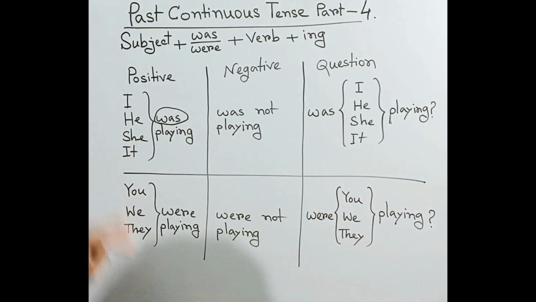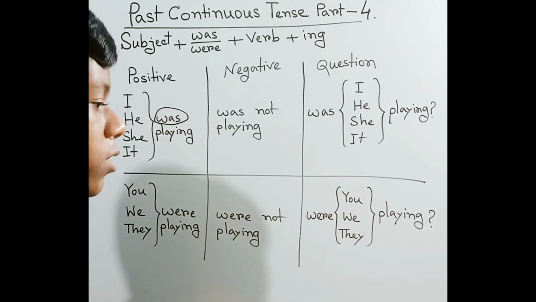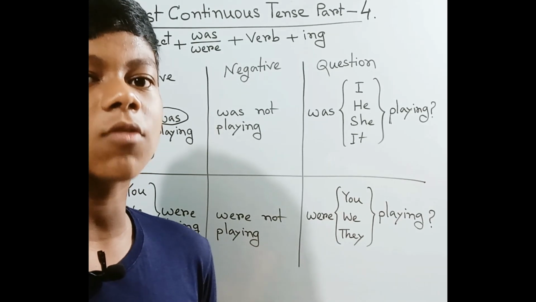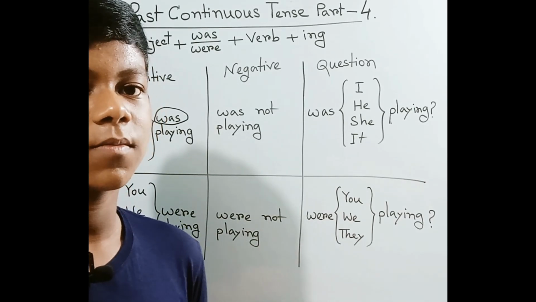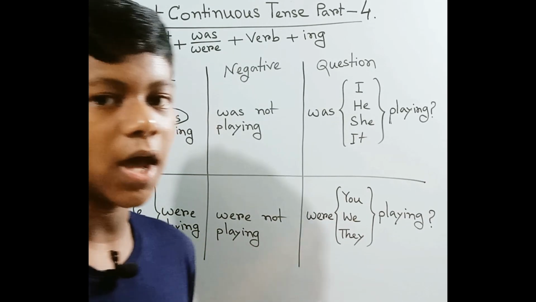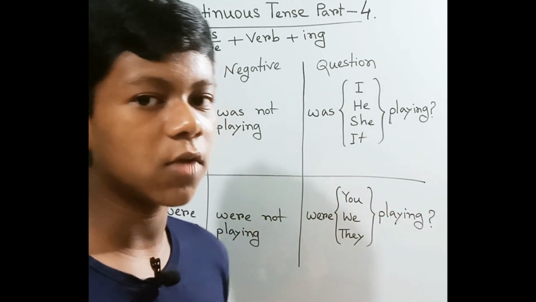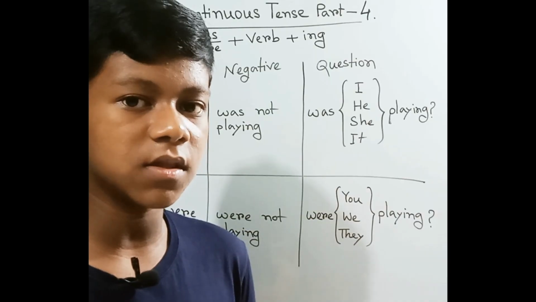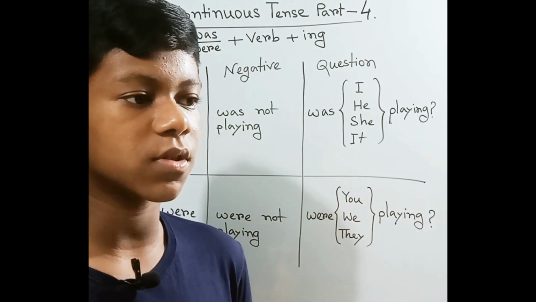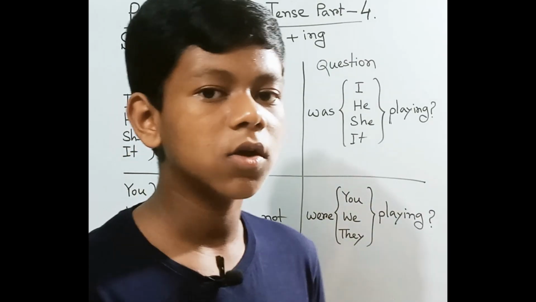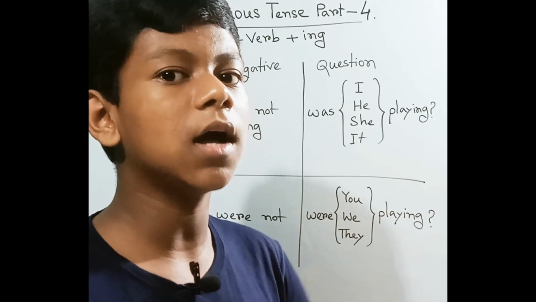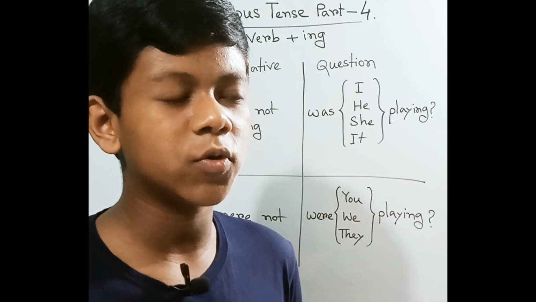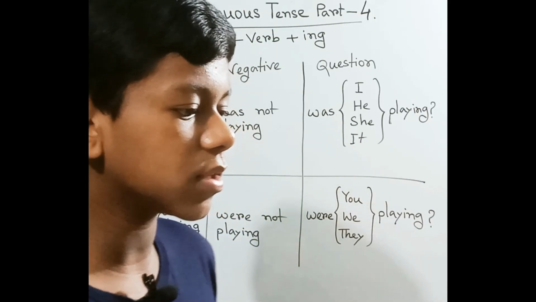Now next is without I and without the third person singular. What do we need to do? Just remember that with I and the third person singular we don't add were.